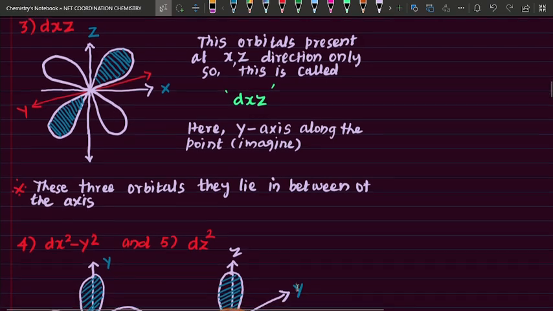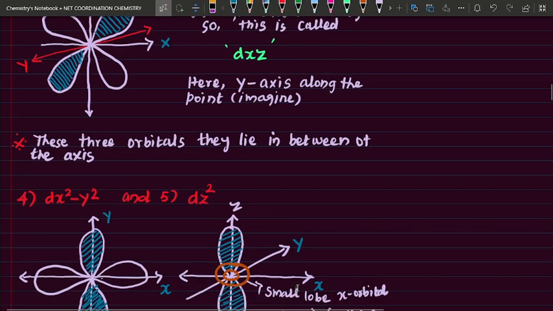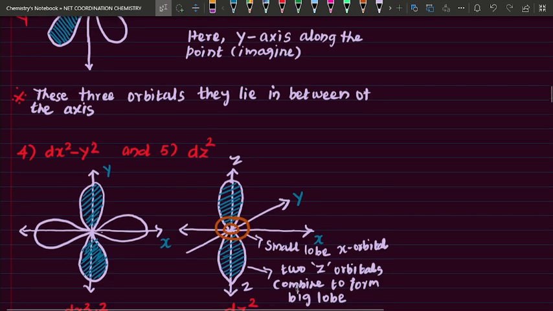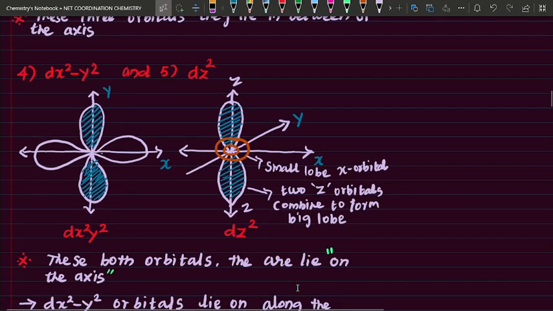See the important point: these 3 orbitals lie in between the axes. Please, this is important. Next, the 4th orbital, dx square y square, and the fifth one, dz square.